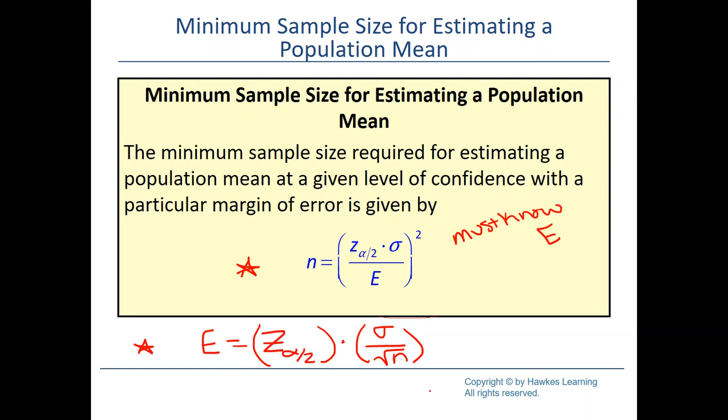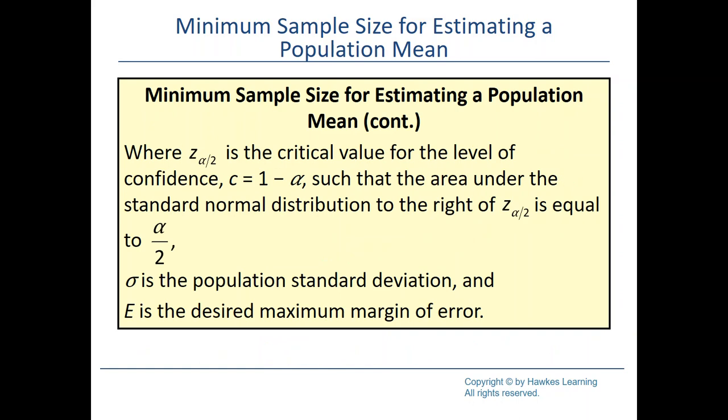To use the other one, you must know the sample size. Normally these are based on things we've looked at previously in problems, so we're going to take a peek at this. Remind yourself that Z alpha over 2 comes from our critical value, and alpha is always 1 minus our C value.